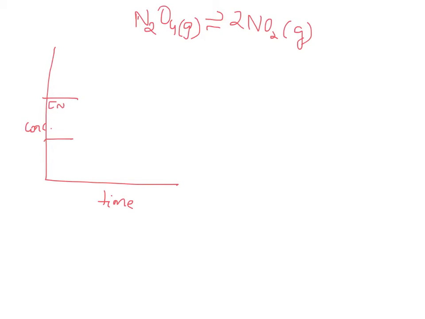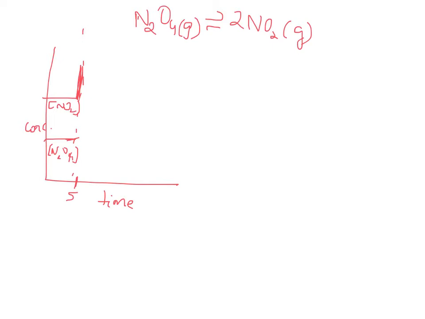You had more of the product and less of the N2O4, less of the reactant remaining. Now all of a sudden you decide to change the concentration. So at time, maybe 5, you decided to increase the concentration of N2O4.